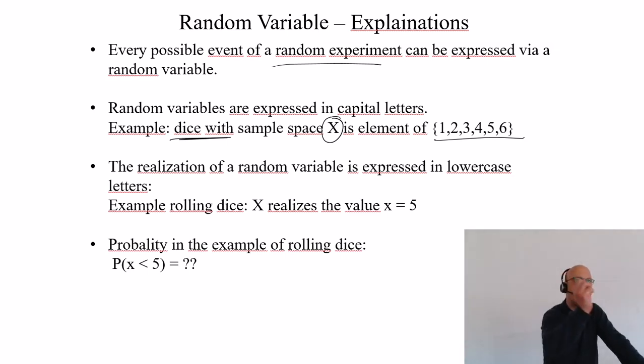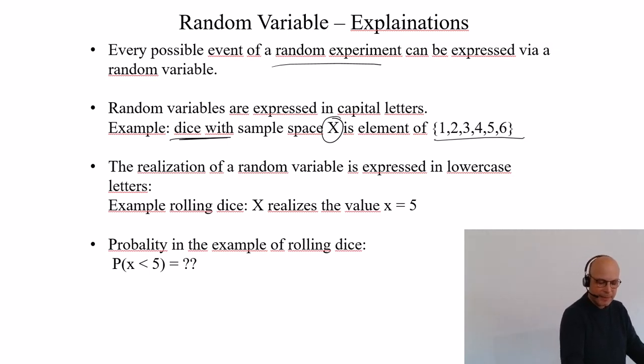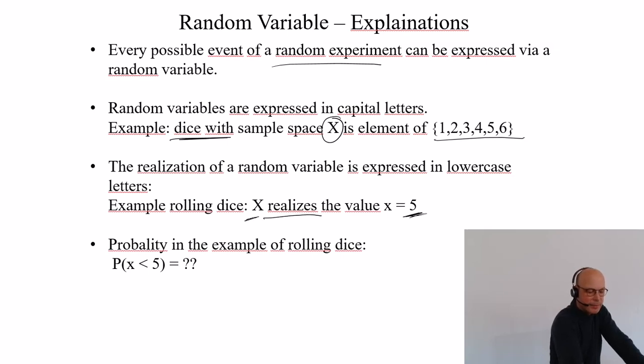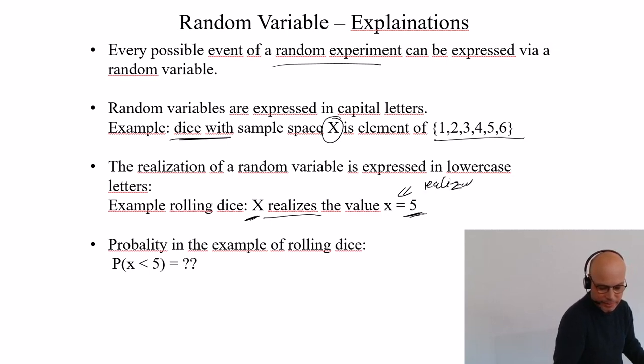And then after having thrown our dice, we see that 5 dots are seen, and this is a realization of our random variable.